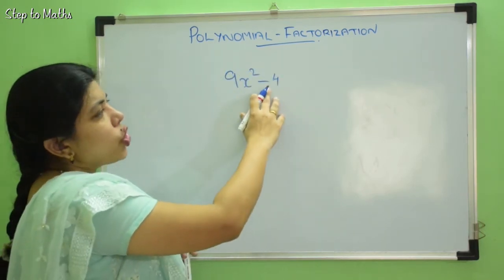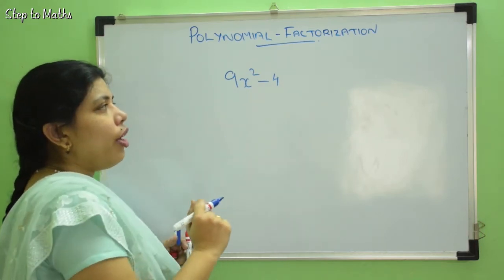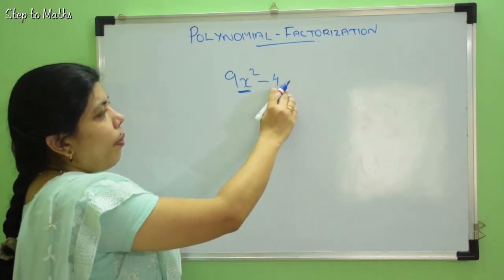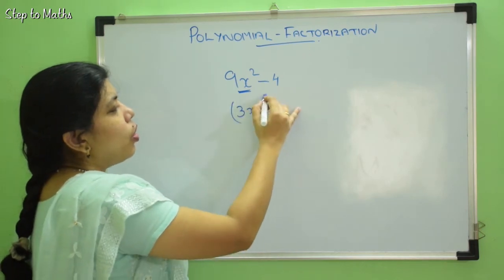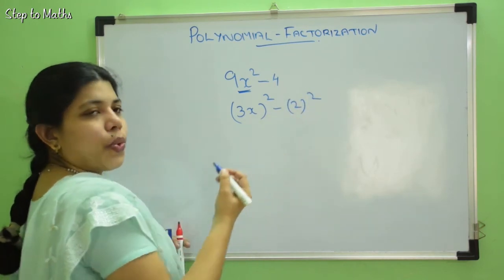Consider this one, 9x square minus 4. How can we find its factors? 9x square we can write as (3x) whole square minus 2 square.